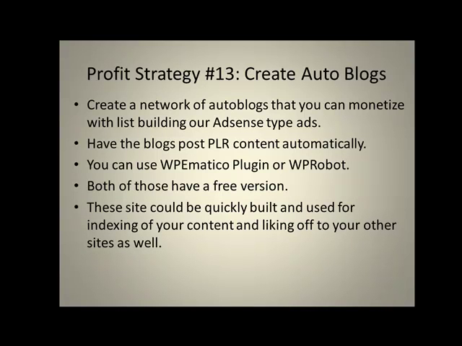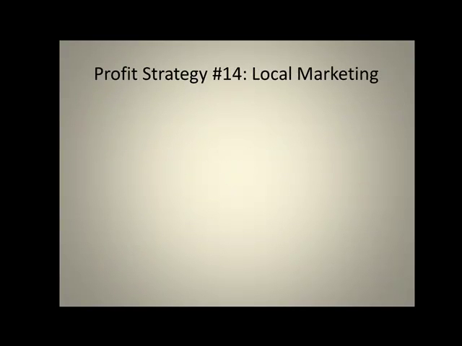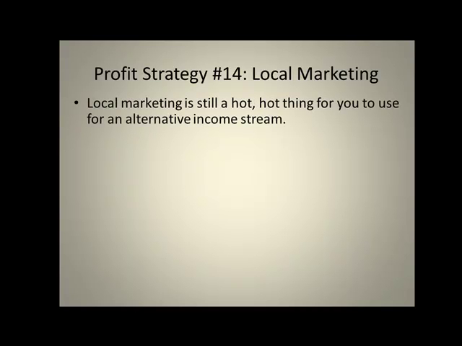These sites could be quickly built and used for indexing of your content and linking off to your other sites as well. And those backlinks could help those sites get exposure in the search engine. So it's a great way for you to make extra money. You could also turn around and possibly sell those sites, as we'll talk about in just a moment.